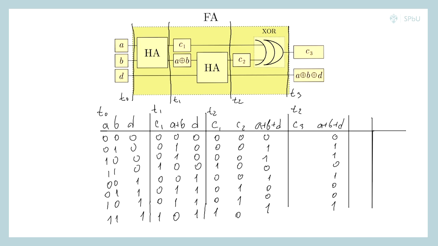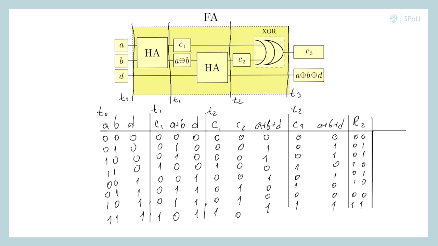And the bit C3 is 0, 0, 0, 1, 0, 1, 0, 1. So let's write down the result as a binary number, R2. 0, 0, 0, 1, 0, 1, 1, 0, 0, 1, 1, 0, 0, 0, 1, 1.